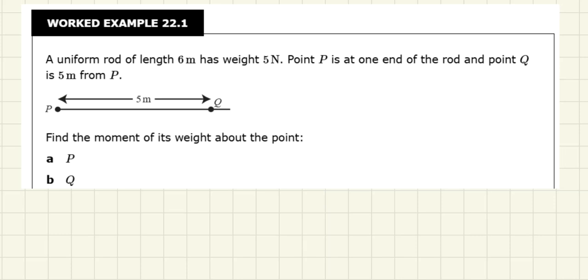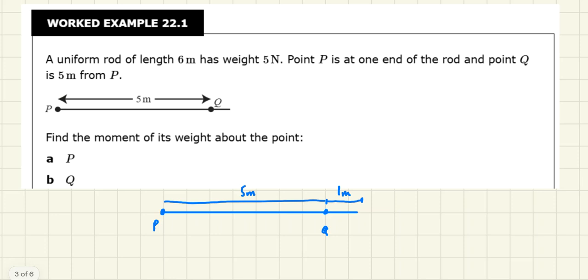What's the diagram going to look like? Well, obviously we've got our rod, point P here, point Q here. What's this distance? It says 5 meters. What's this distance? 1 meter.